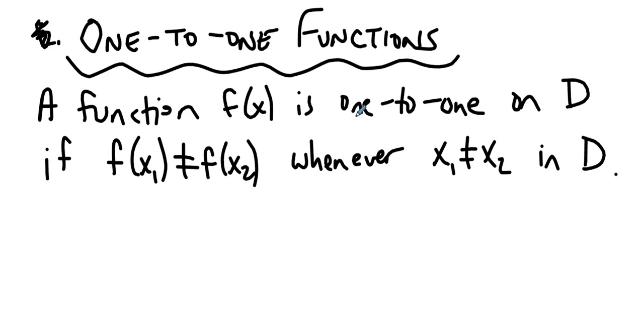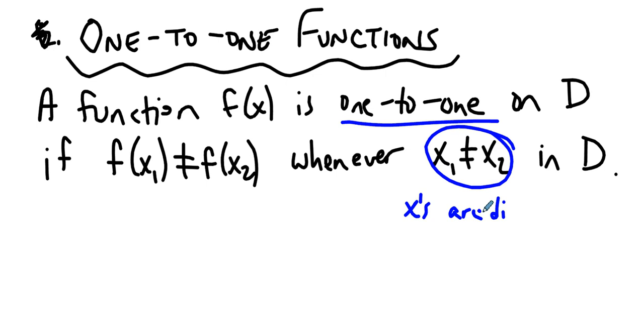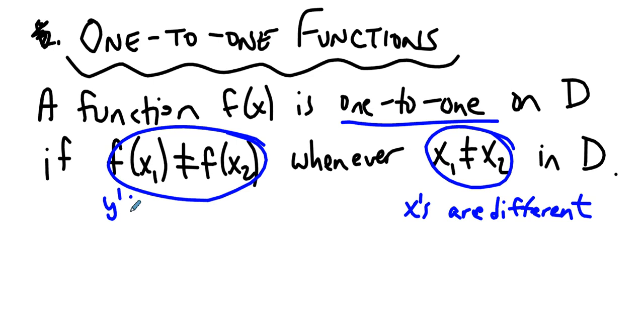This is a definition of something you are familiar with from your high school work, one-to-one. If you give me two different x's, you get two different y's. That's the whole idea behind one-to-one. If the x's are different, the y's are different.